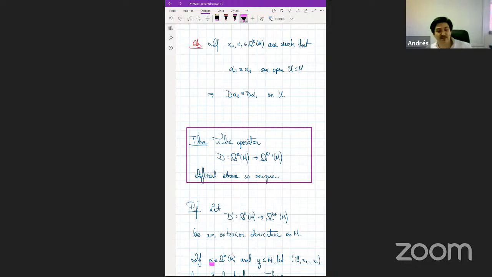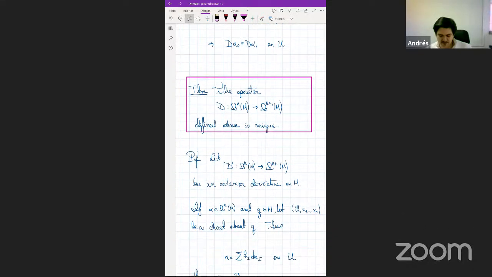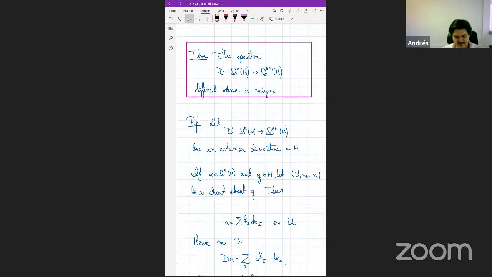Take an arbitrary K-form, take any point, and a chart about that point. So at least on U, you have this. This is what we know, right?